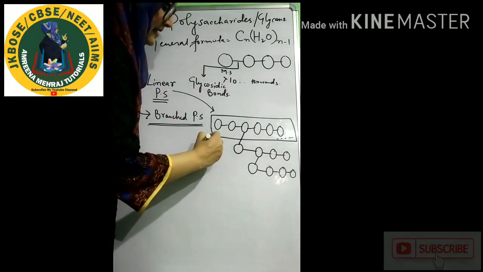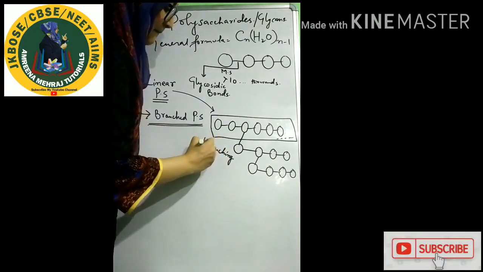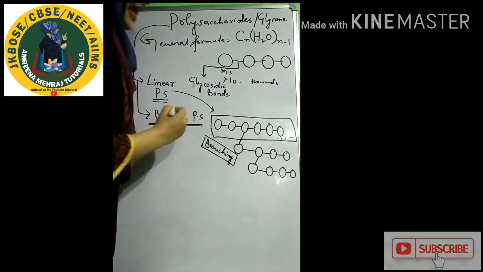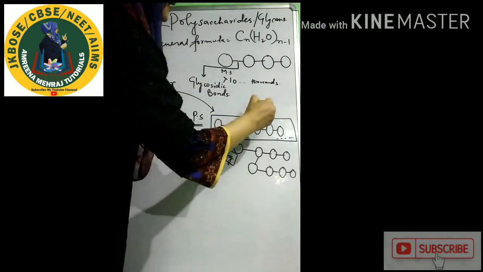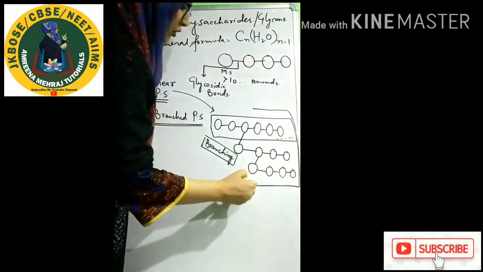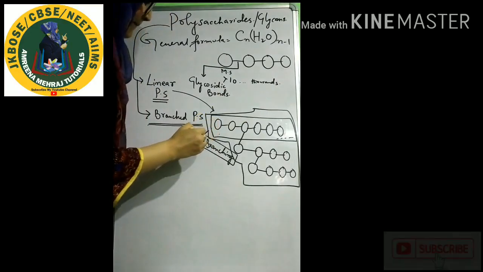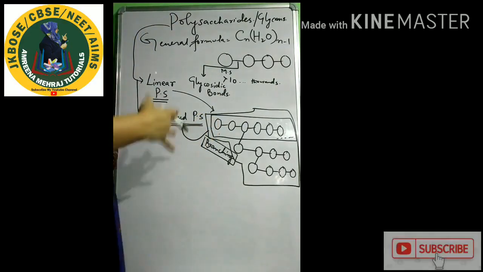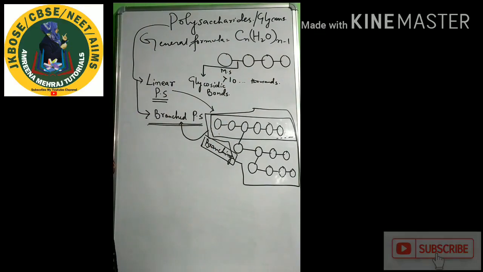Your polysaccharide is now showing branching. This branching helps us call this bigger polysaccharide a branched polysaccharide. Ahead you will come across both linear as well as branched polysaccharides.